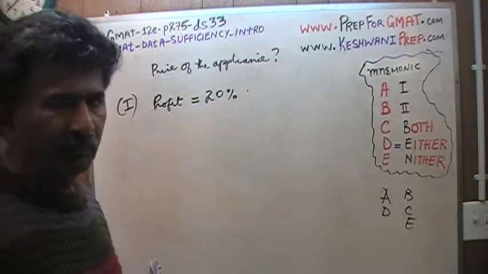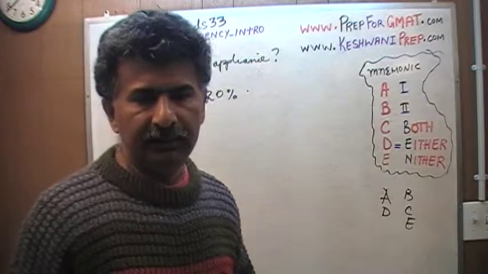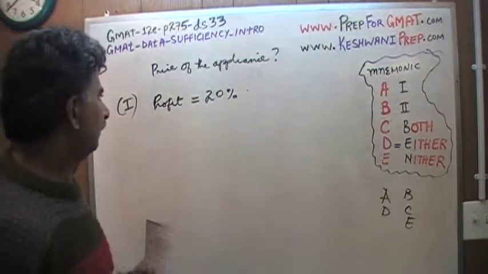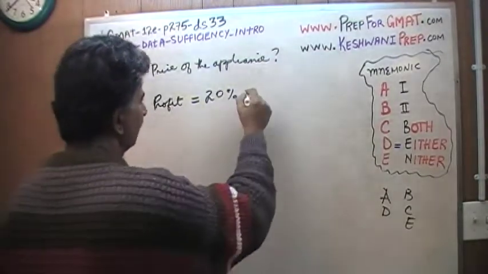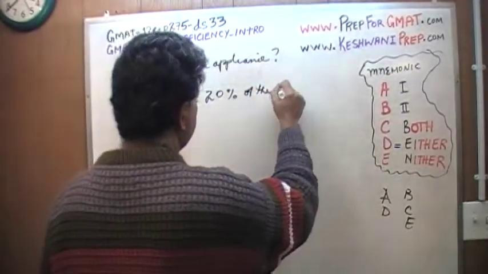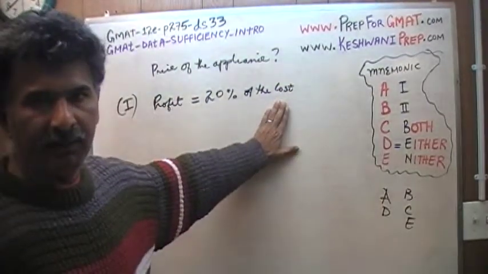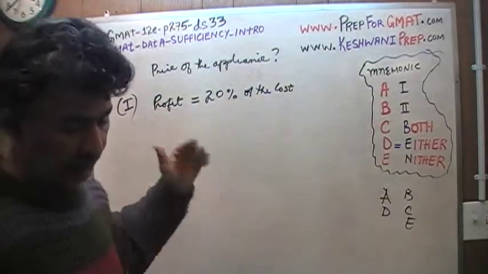In other words, whatever it cost him to buy the thing, he tags on 20% of the cost and he sells it at that price. In other words, since his profit is 20% of the cost. So if he buys the thing at $100, he tags on another $20 and sells it for $120.